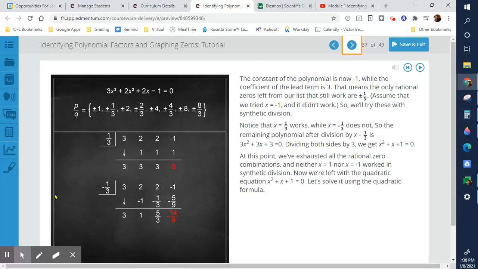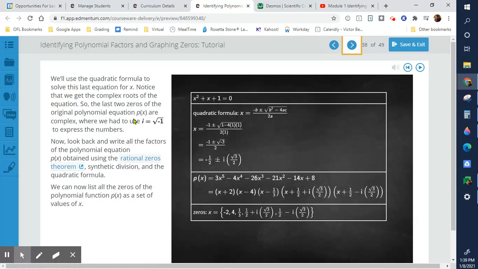All right, and you can always use the quadratic formula, but usually you end with the quadratic formula. So the first thing you're going to do when it comes to the remainder theorem is you're going to do P over Q, then you're going to use synthetic division, and then if it's too complicated to factor after all of that, you use the quadratic formula.